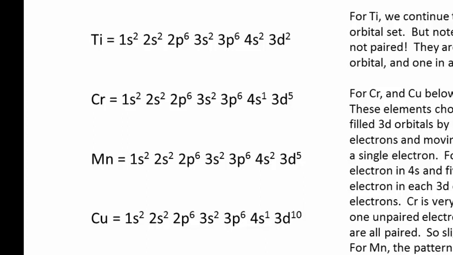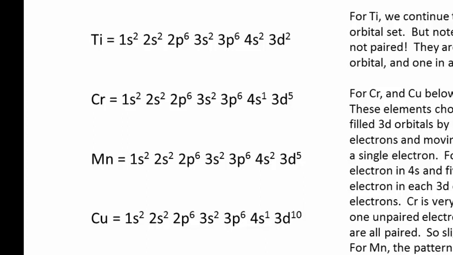Chromium, and also copper. Something strange happens. These elements choose to form half-filled or completely filled 3d orbitals by recruiting 1 electron from the 4s set of electrons and moving that electron to either half fill the 3d orbital subshell, or to completely fill the 3d orbital subshell in copper.